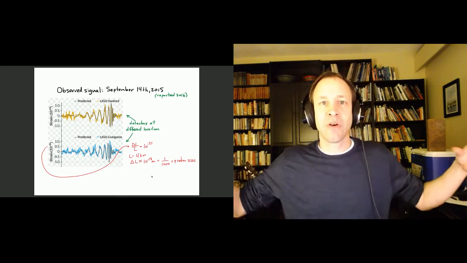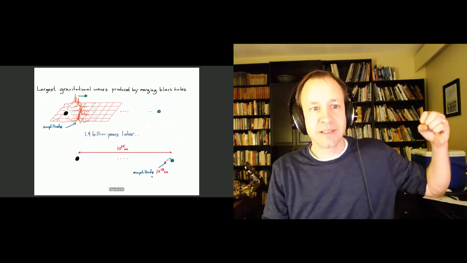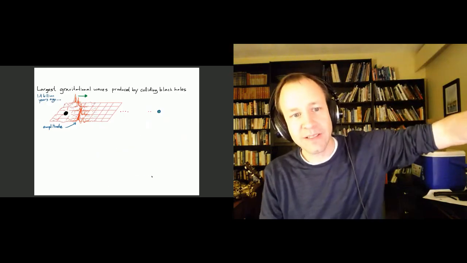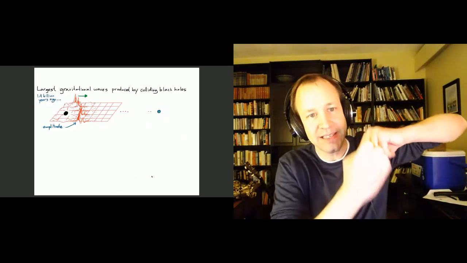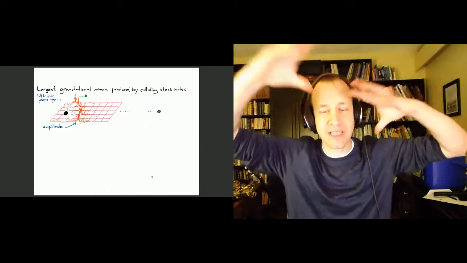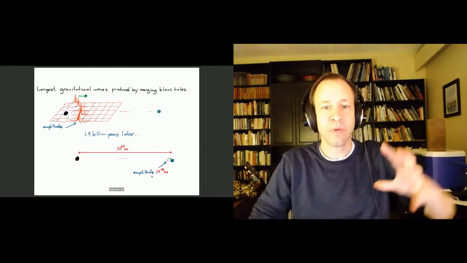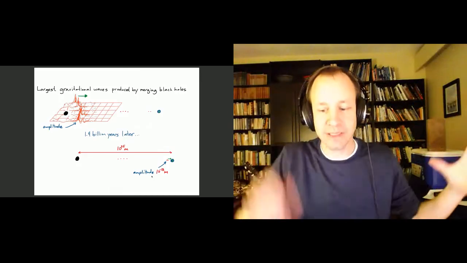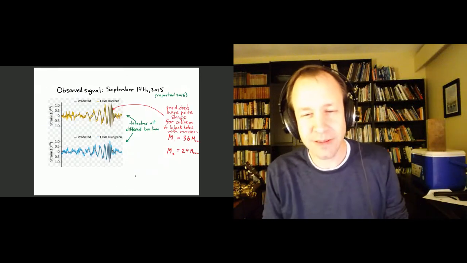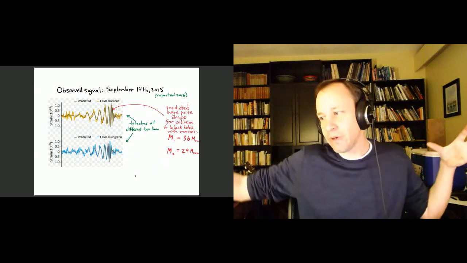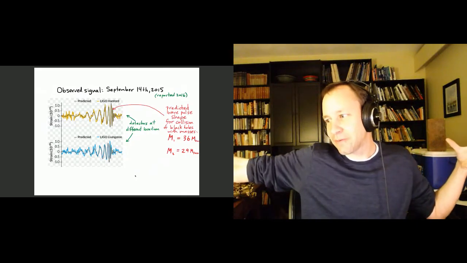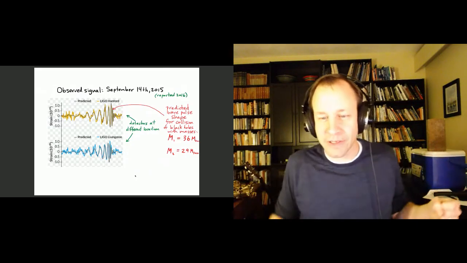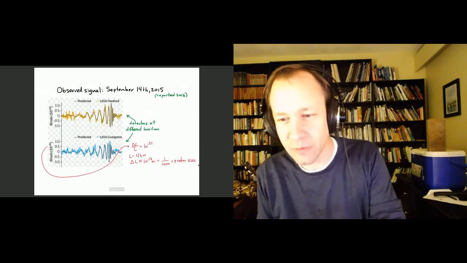And so what you had was 1.4 billion years ago, these black holes collide, producing a huge gravitational wave signal. But when that spreads out so much during the 1.4 billion years, by the time it reaches Earth, all it does is it changes the distance. This 4 kilometers is now 4 kilometers minus 1,000th the width of a proton.